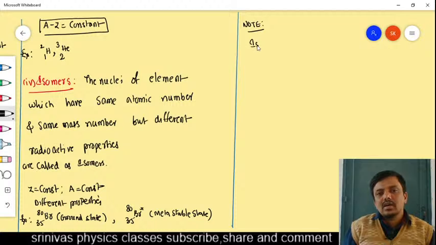Isotopes means what? Protons should be the same. Isotopes means they should have the same number of protons. In this, P is the same number of protons. Remember it.